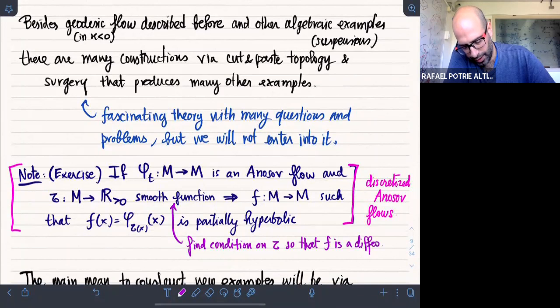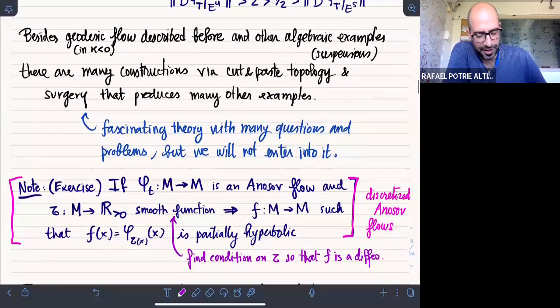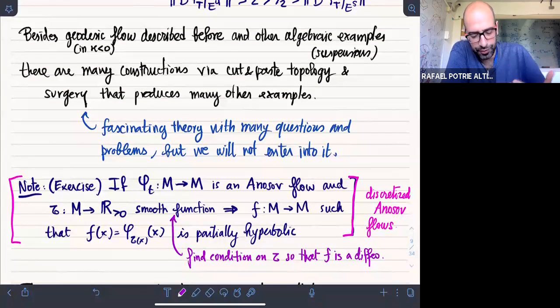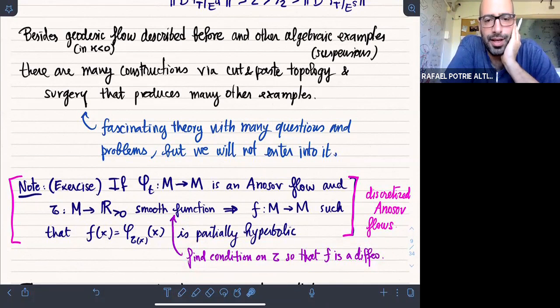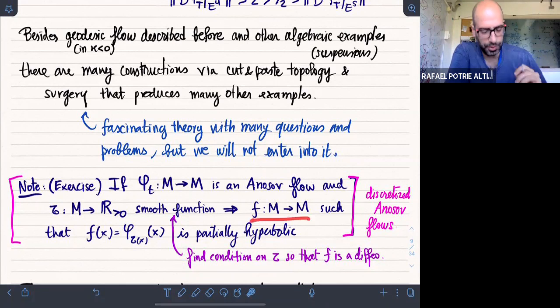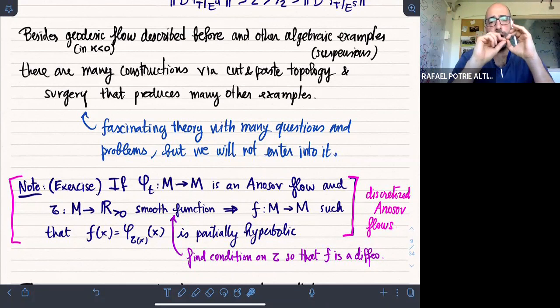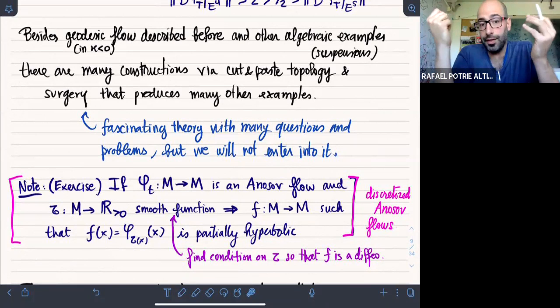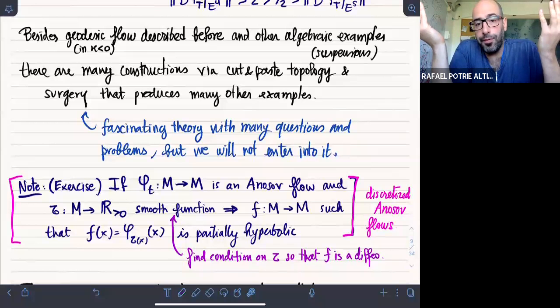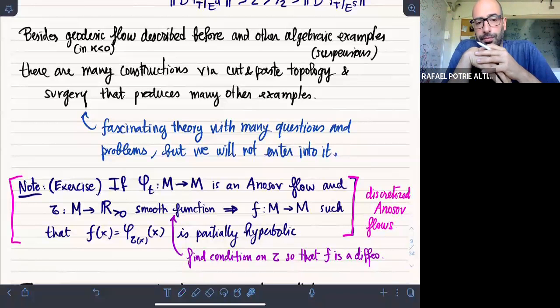So in particular, this exercise presupposes that you first found a condition on the function tau so that the map I'm defining here, where you have a flow and you flow a different amount of time through every point, is a diffeomorphism. For some smooth functions this will be a diffeomorphism.